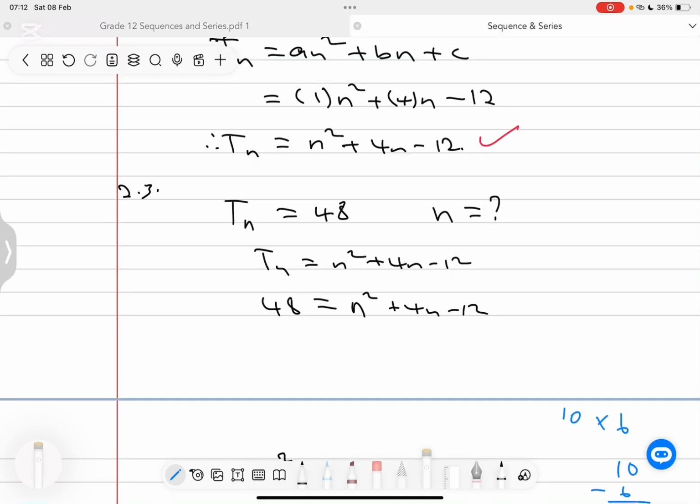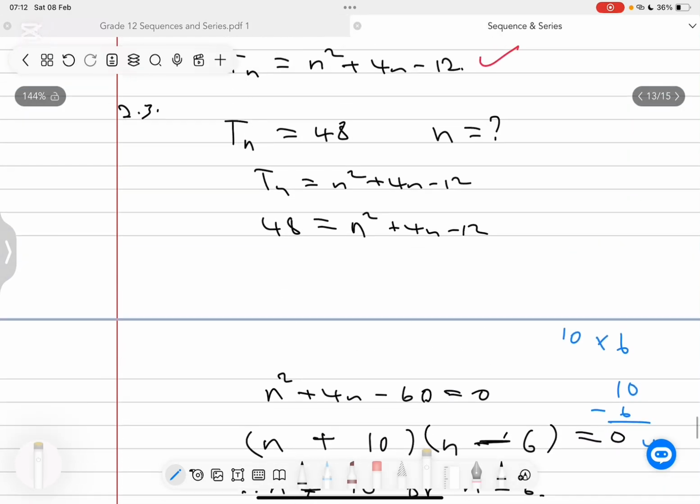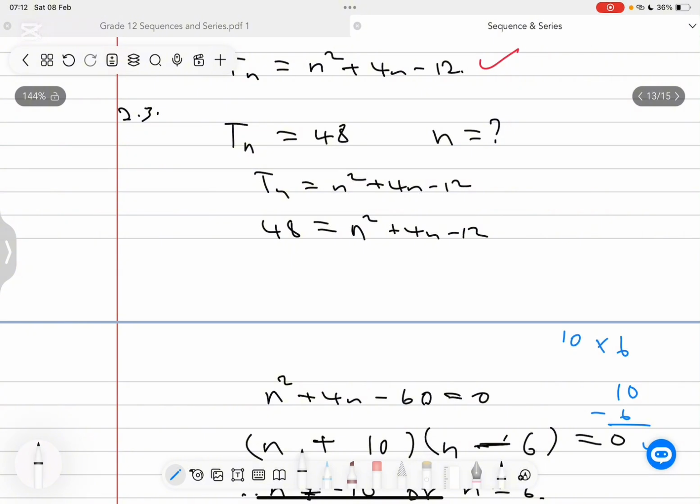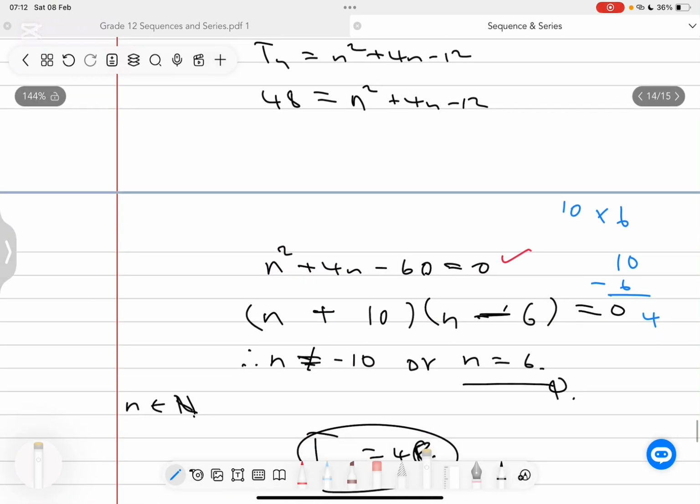Now this question is 3 marks. So how are they going to mark this one? Here you will get a mark for writing the standard form of this equation, meaning simplifying all these things and coming to a standard form. They give you a mark for that.